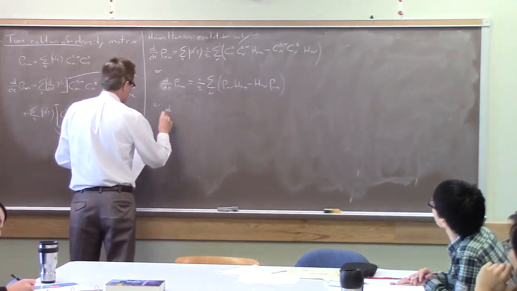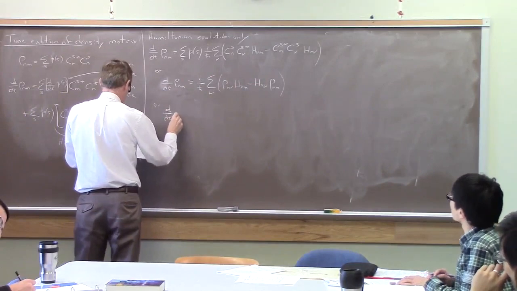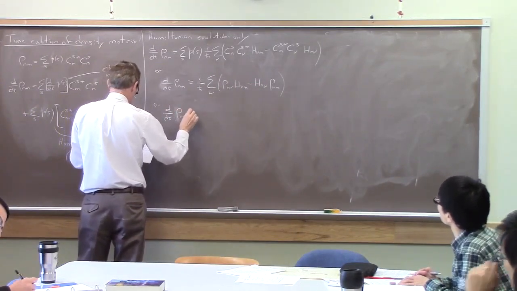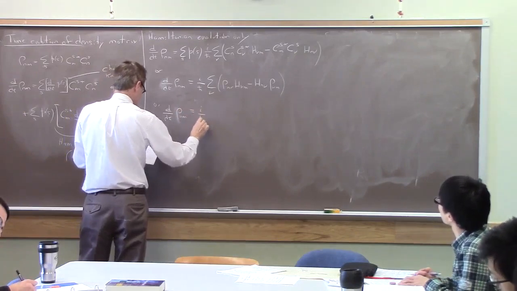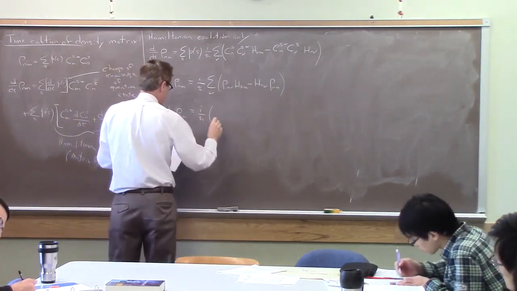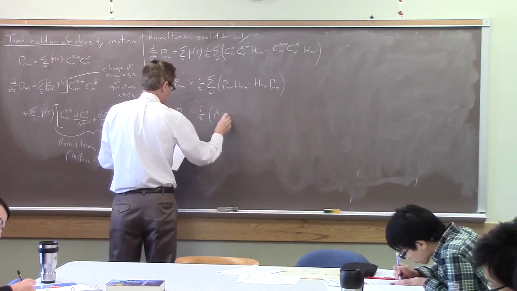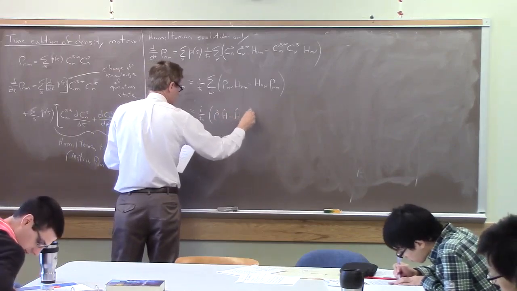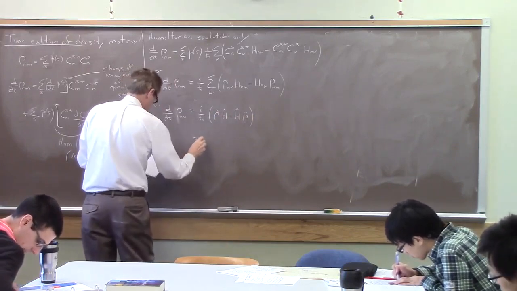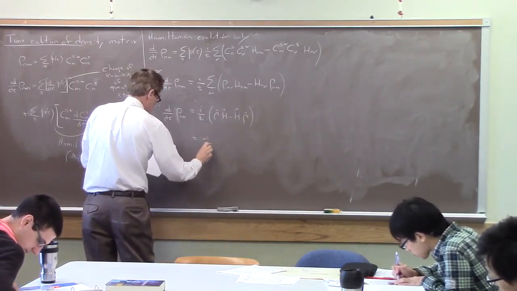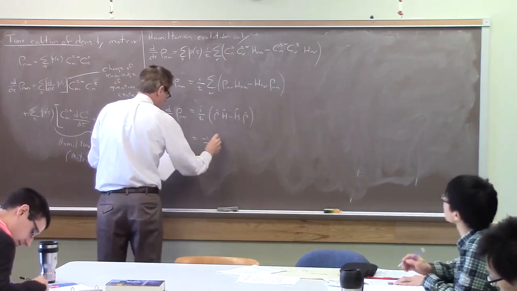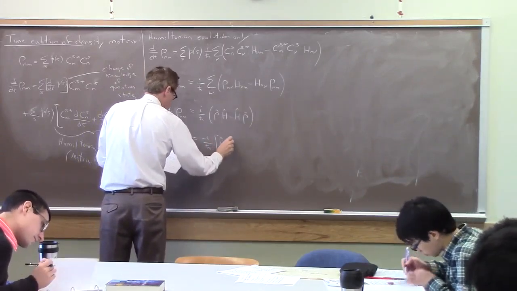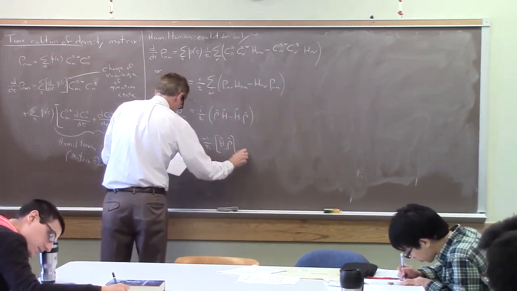So we can write this as d by dt of rho n m is equal to i over h bar, rho H minus H rho, or minus i over h bar, H rho, commutator, n m.